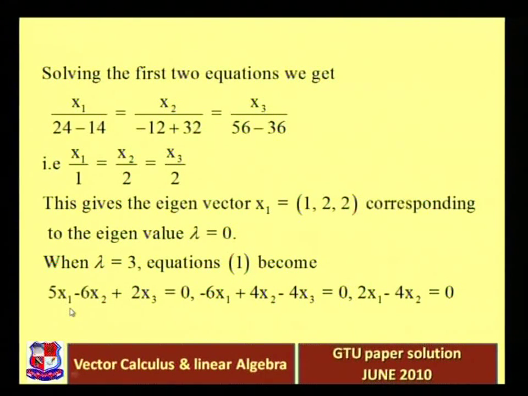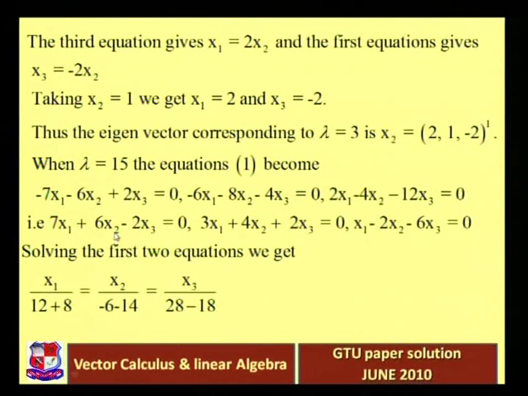You will get 10x2 minus 6x2, that is 4x2, right? So 2x3 is equal to minus 4x2, correct? So x3 is equal to minus 2x2. Now combine these two equations, taking x2 equal to 1, so you will get x3 equal to minus 2 and x1 equal to 2. So thus the eigenvector corresponding to lambda equal to 3 is (2, 1, minus 2).